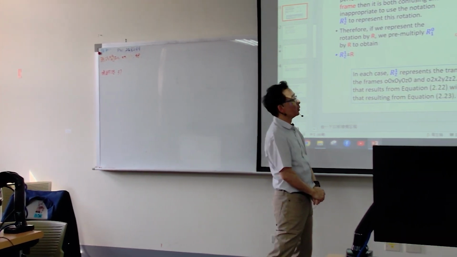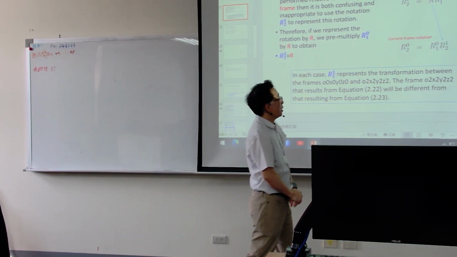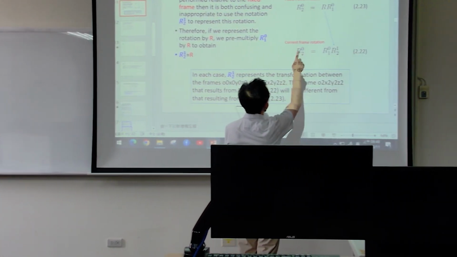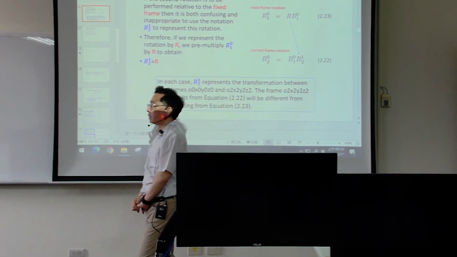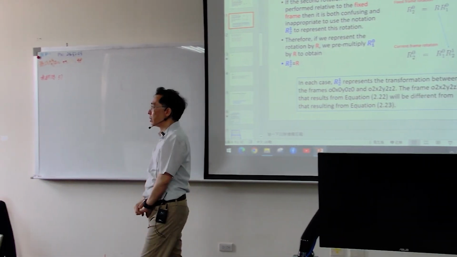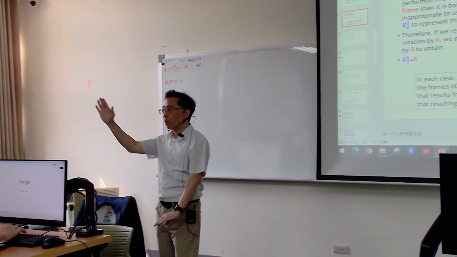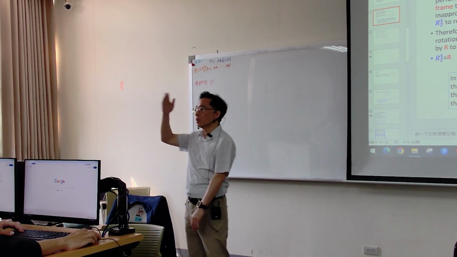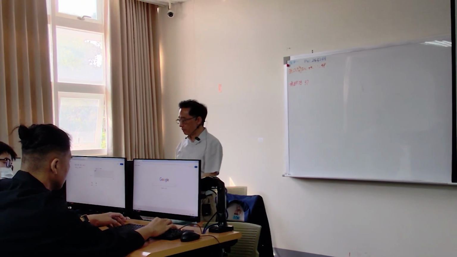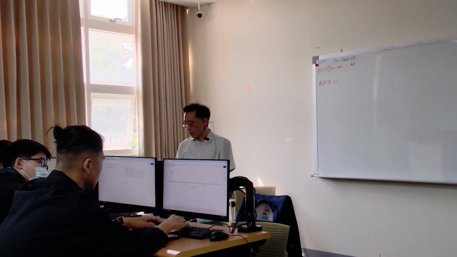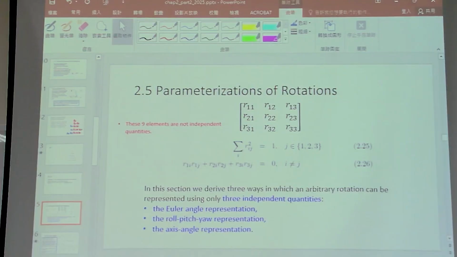So they did not put 2, 1 over there. But over here, for a fixed frame. But for a current frame, it's easier. So we use the straightforward part, rotate whatever you need in the sequence you need. Okay, so that's the quite straightforward part.